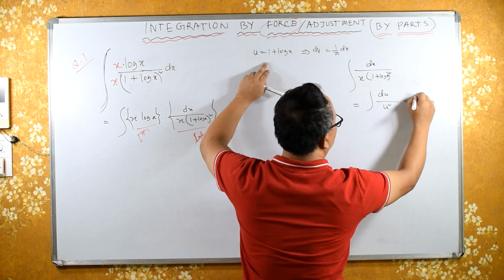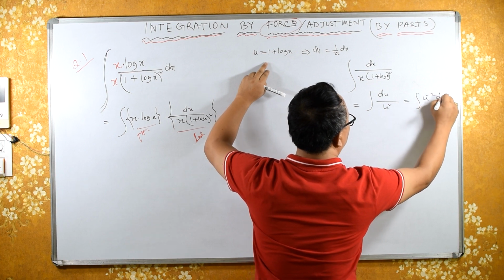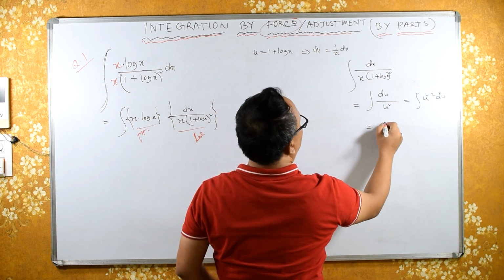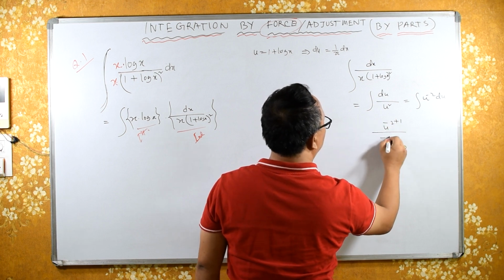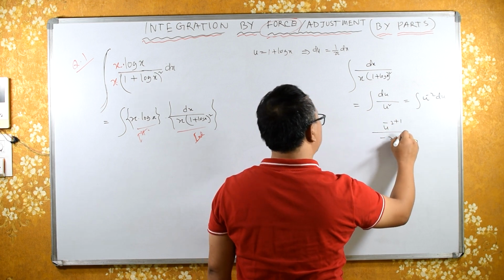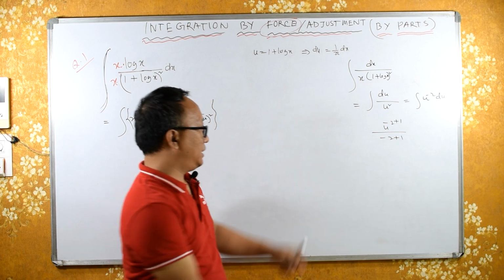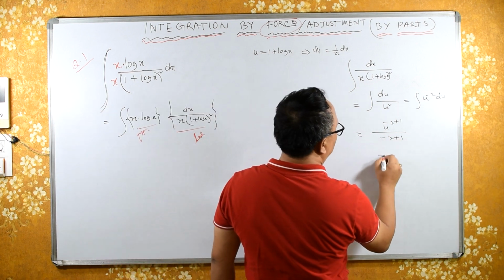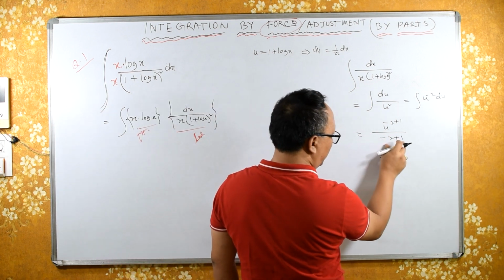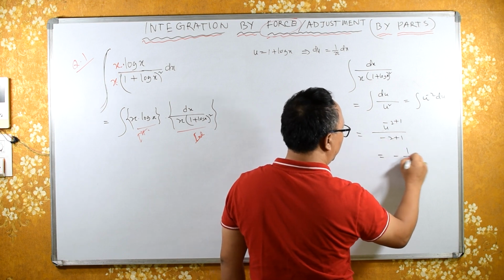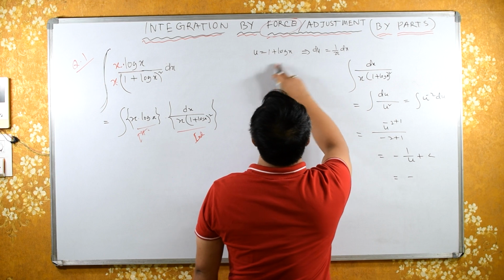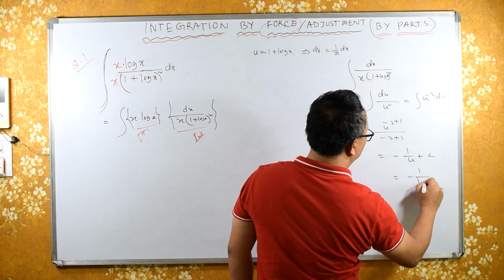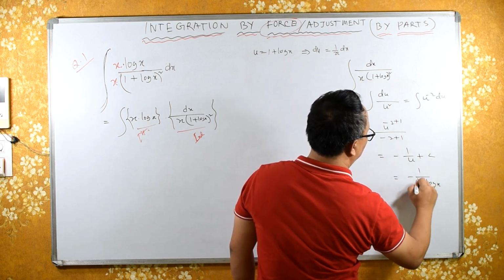This is the same as integral of u raised to minus 2 du, which is u raised to minus 2 plus 1 upon minus 2 plus 1. This is minus 1 by u plus c, some constant. What is u? It is minus 1 upon 1 plus log of x plus c.